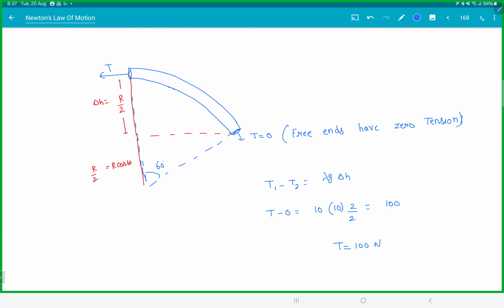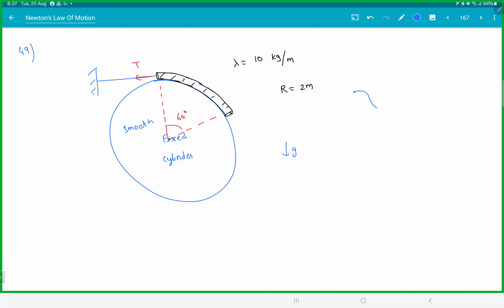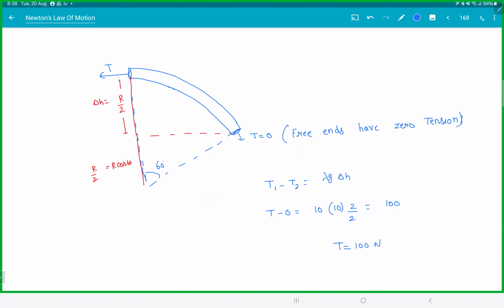Easy. If you try to do this normally, you have to integrate. And the best part about this question, I could have taken any weird shape. I could have put the rope here, and as long as this height is half a meter, meaning R by 2 meters, the answer will be the same, isn't it? It doesn't matter about the shape. Only the height matters, independent of the shape.